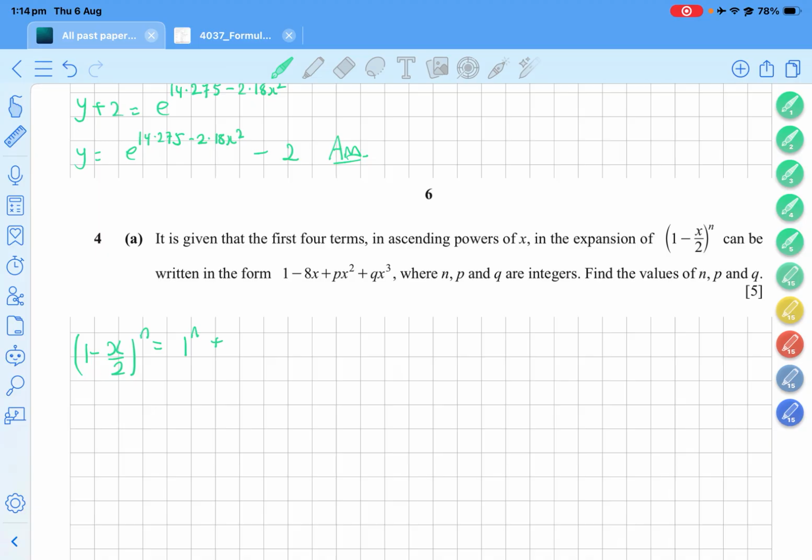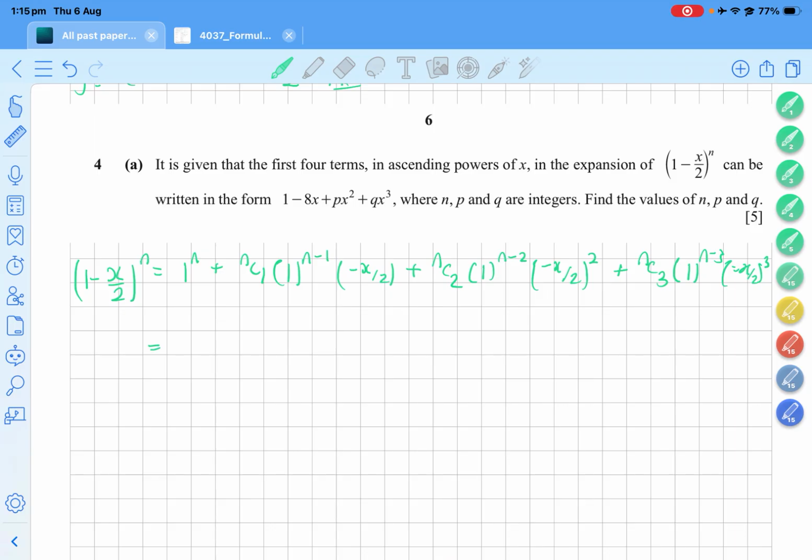So nC1, so first 1 raised to n, then nC1 into 1 raised to n minus 1 into minus x by 2, then nC2 into 1 raised to n minus 2 into minus x by 2 whole squared, and then nC3 into 1 raised to n minus 3 into minus x by 2 cubed.